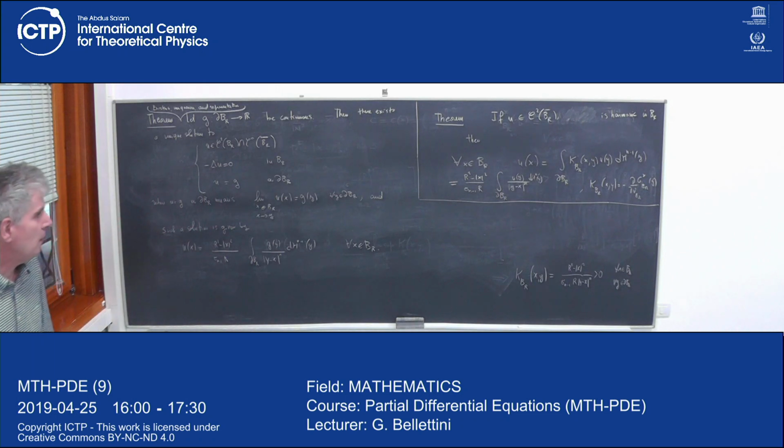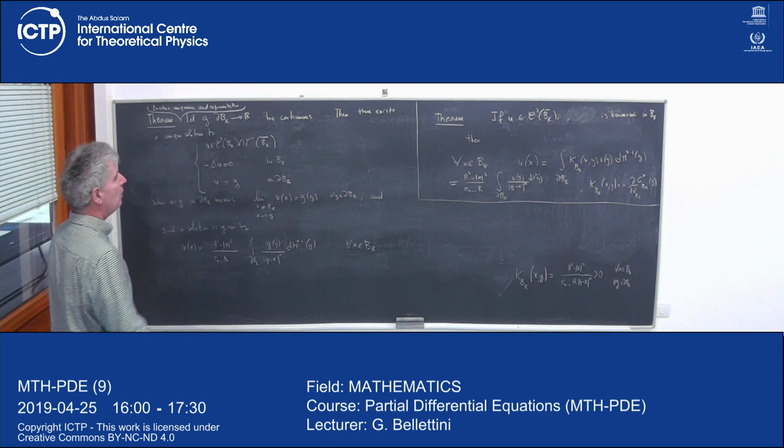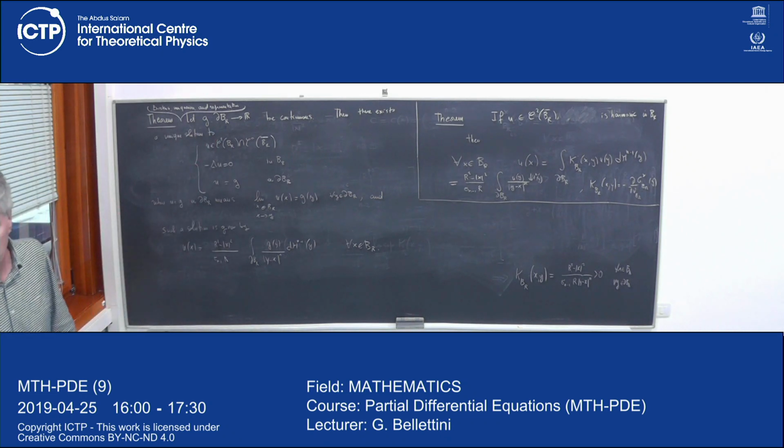This seems to be a nice result. It's a nice result because it's very complete, even if, of course, our assumptions, especially on omega, are very strong, and also the datum G is strong.